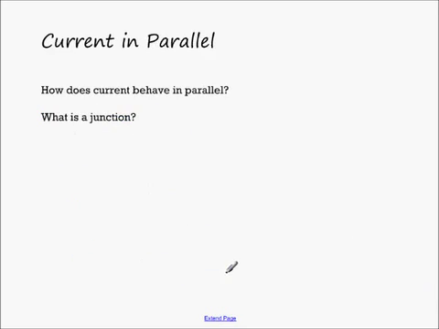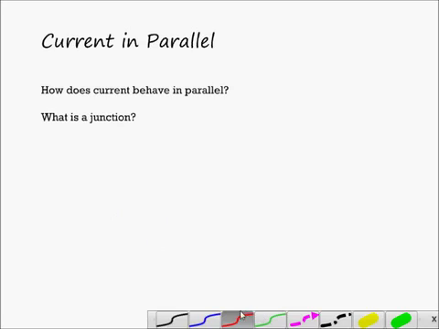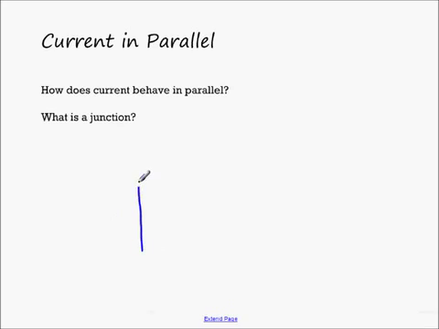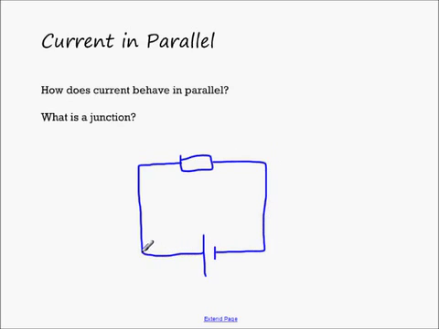So how does current behave in parallel? Effectively we no longer have just one loop. We have two loops for parallel, so two different paths that the current could flow. I'm going to draw it this way, it's easier to see the two loops. There's the cell, so there's one loop, and let's draw another loop.